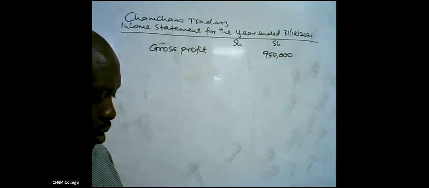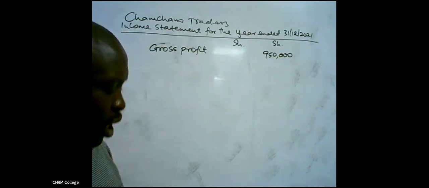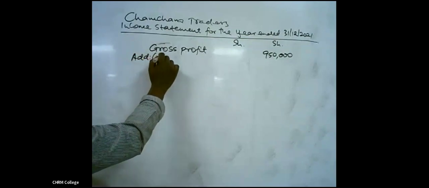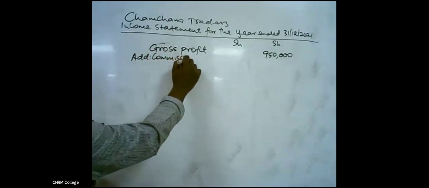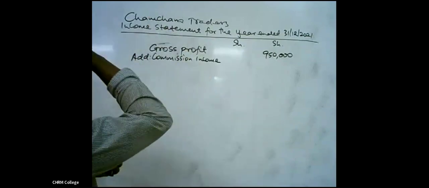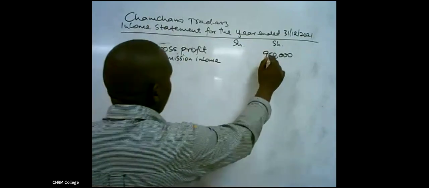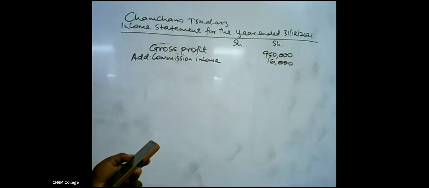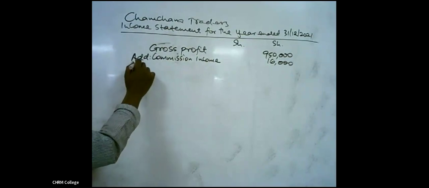If I read through the question, I can see we have got commission income, so we add it there. The commission income is 16,000. If I go through, I can also see discount received.